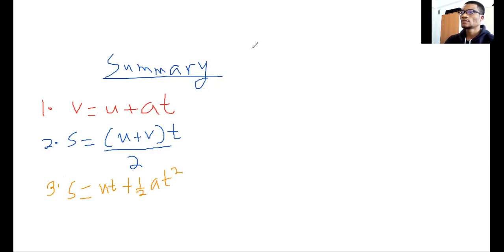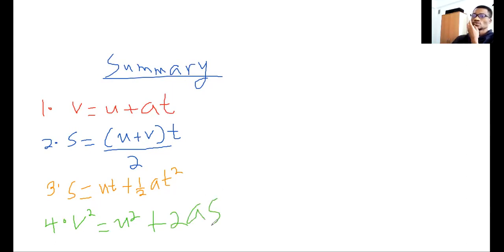And then the fourth one is this. So our fourth equation, number 4, is v square equal to u square plus 2as. Please, you need to learn all these equations and try to understand how they are derived.